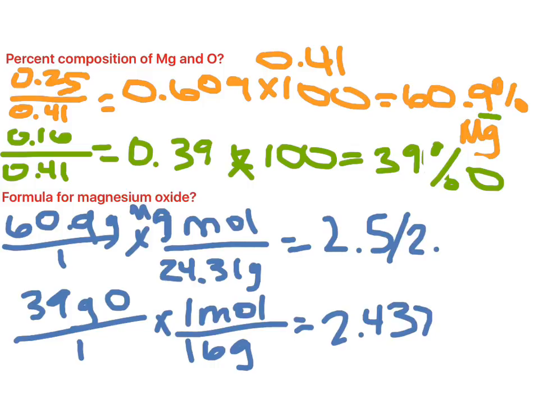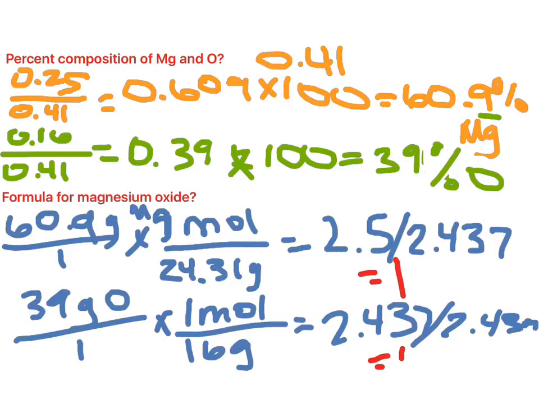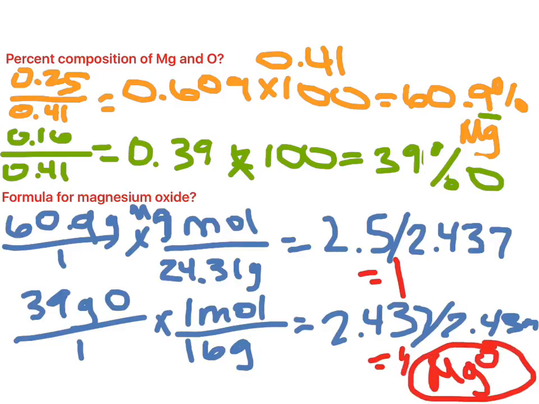So you're going to divide them both by 2.437. So you both get around 1 for each of them. So you're going to get a formula of MgO, which is the same exact formula that you got before.